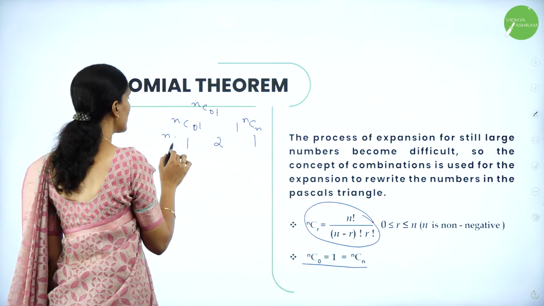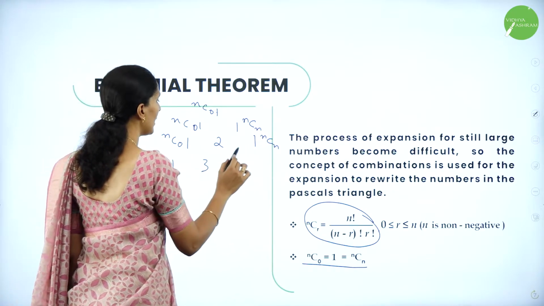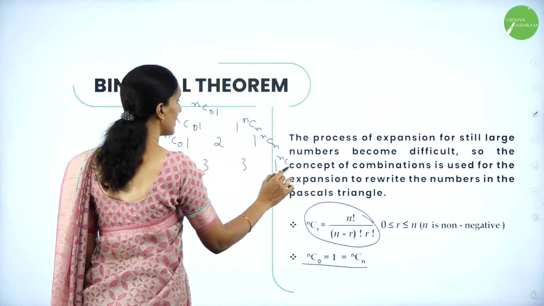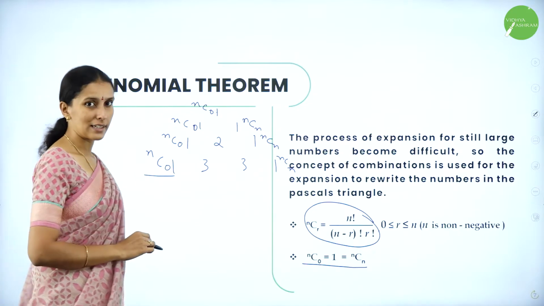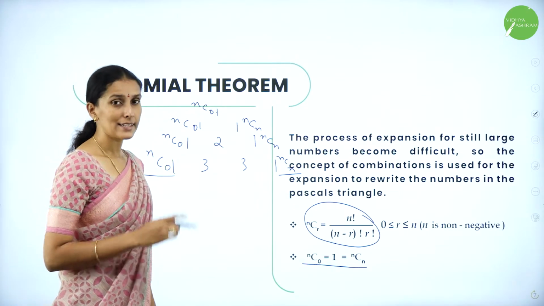Here it is nC0, nCn, which is nothing but 1. Wherever you have 1 at the start, this is nC0, and at the end it is nCn. Similarly, if you go on writing like this, here it is again nC0 and here it is nCn, because the first term is considered as nC0 and the last term as nCn.